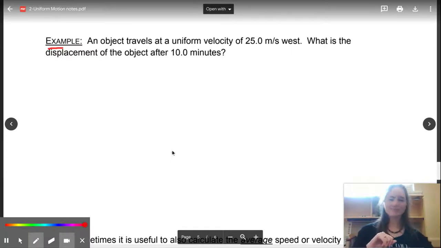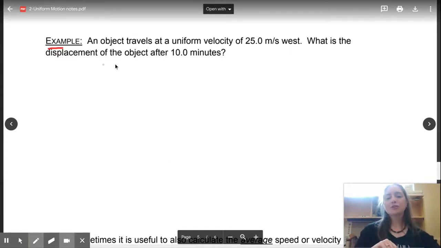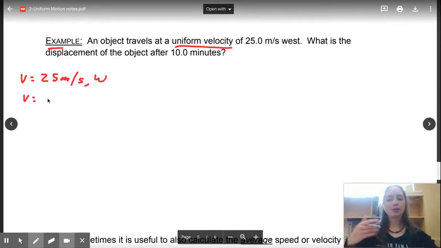Okay, so an object travels with a uniform velocity, so the velocity is not changing, of 25 meters per second west. Well, because west is negative, I'm going to make this my negative 25 meters per second. Okay, so just good habits to get into.